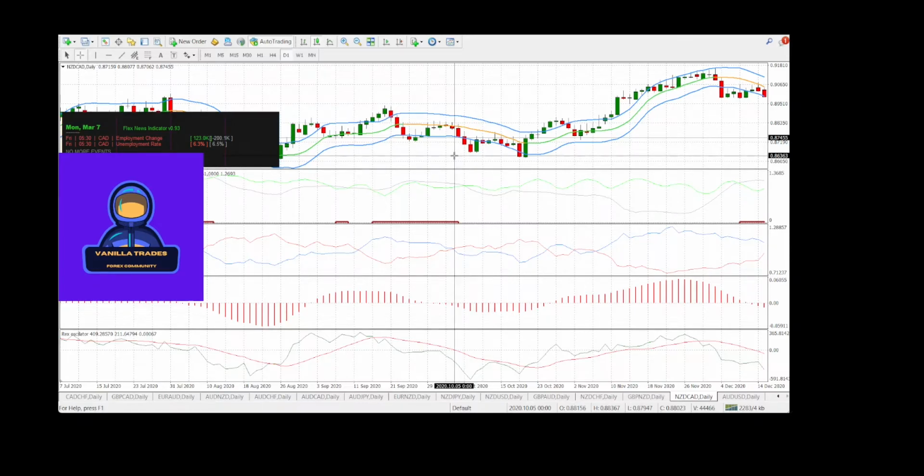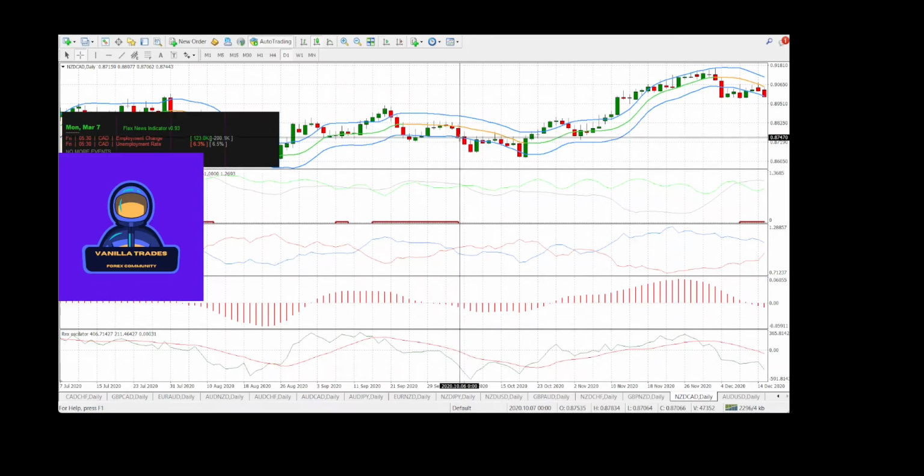Alright, let's take a look at this one here. If we follow the 1 candle rule, it would have given us the entry right about here. And then 1 candle would have been there. So this would have been a trade, but it looks like we would have entered somewhere right around here.